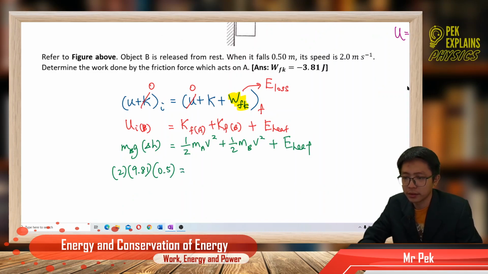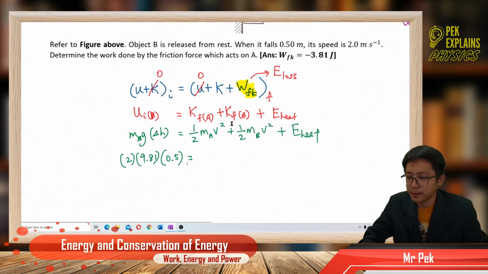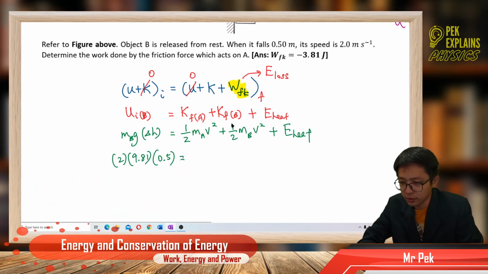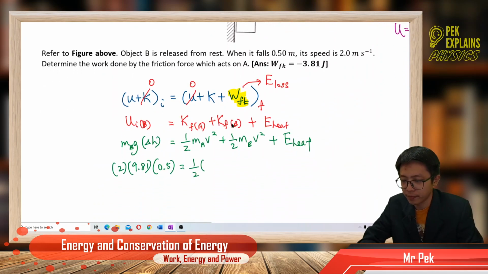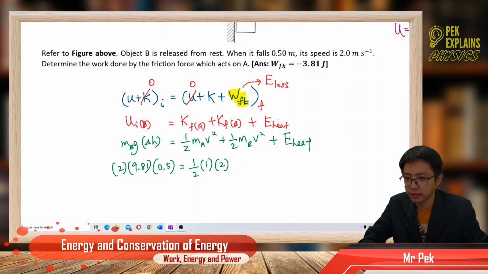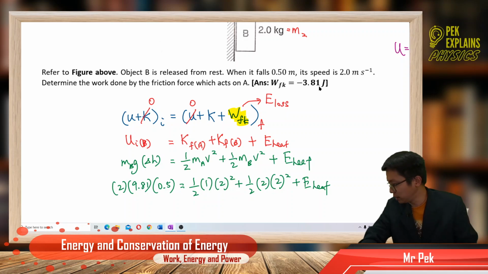Then half, the mass of A is 1 kilogram, velocity is 2 meter per second, plus half, mass of B is 2 kilogram, velocity is 2 meter per second, plus the energy of heat.